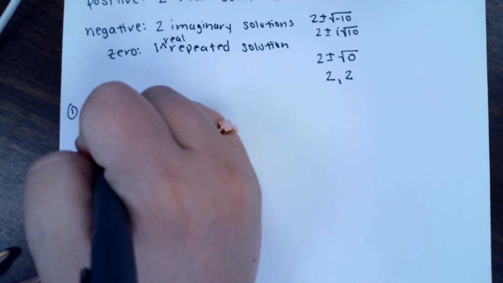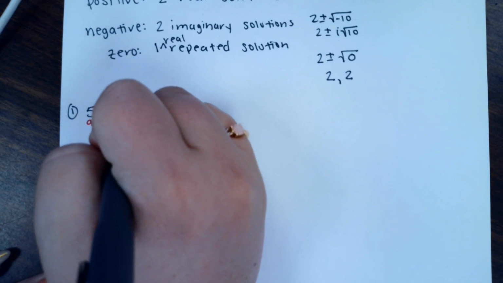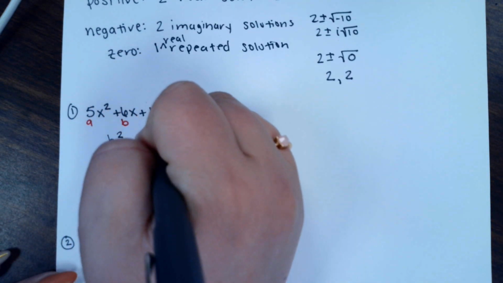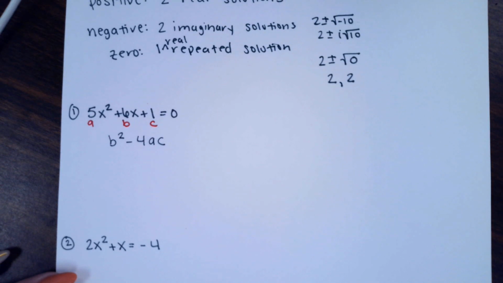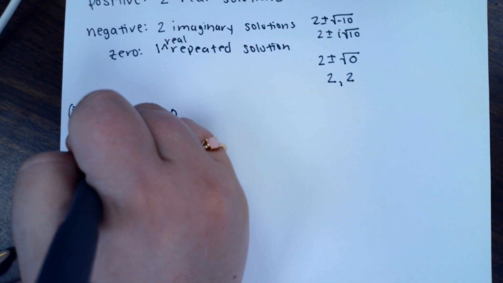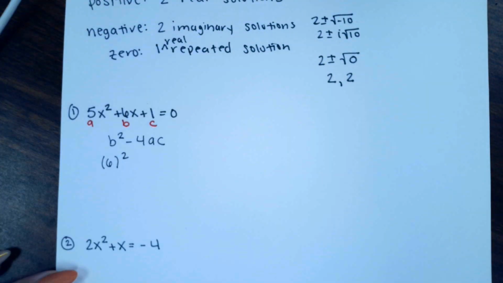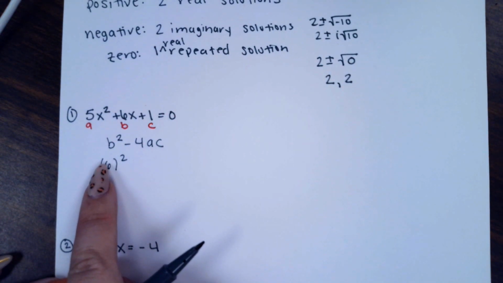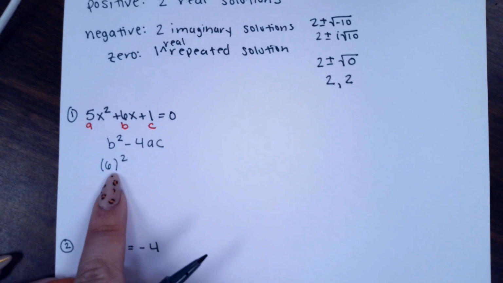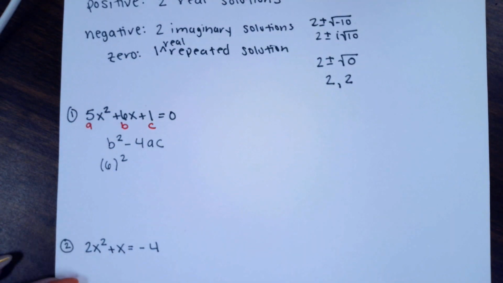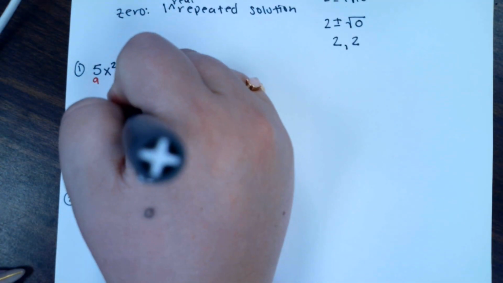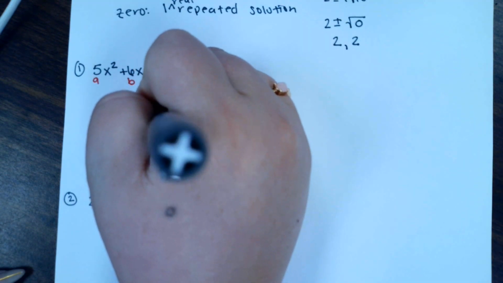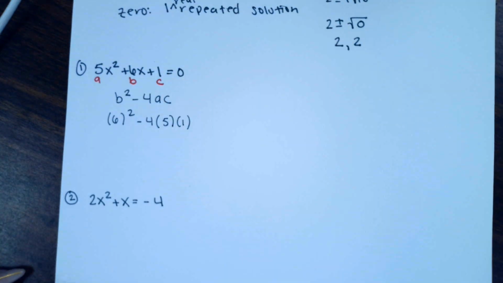So that's B squared minus 4 times A times C. Let's plug in our values. So we've got 6 squared. Remember, I just put this in parentheses because if it's a negative, we have to have it in parentheses or we'll get the wrong answer. So just get in the habit of using parentheses there. Minus 4 times A times C.